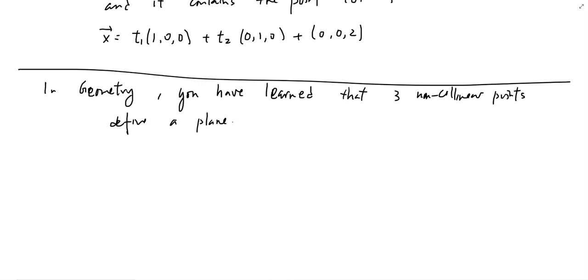So how do we form a parametric representation of a plane if you know there are 3 points on it? Well, simple. You do the same thing as what you would do with a line.